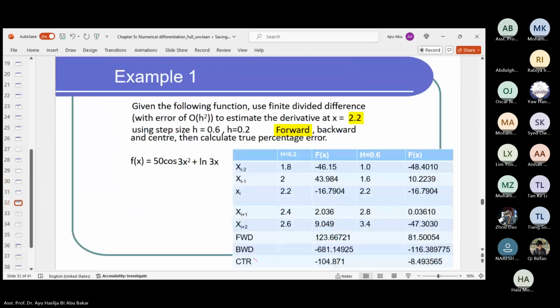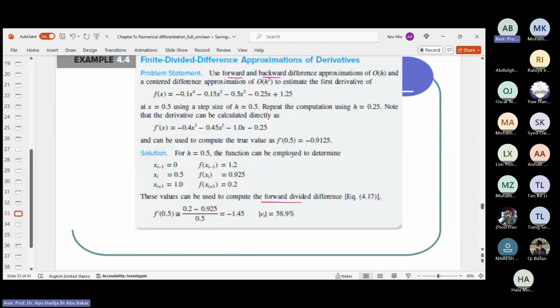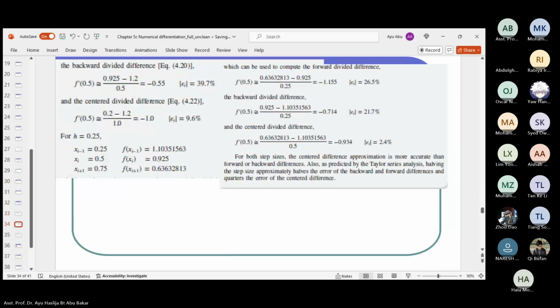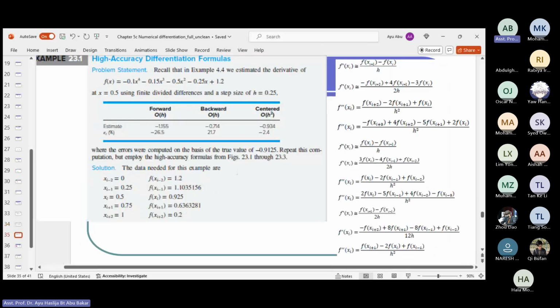Now, this one you can try later. This one is an example from the textbook. I want to proceed to a final exam question.